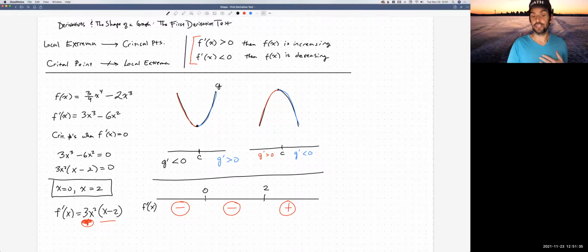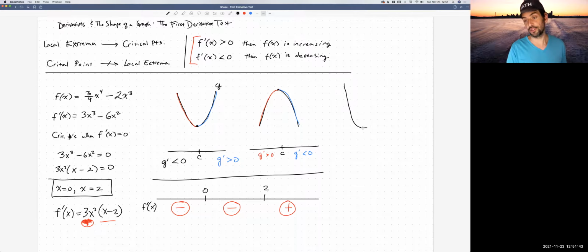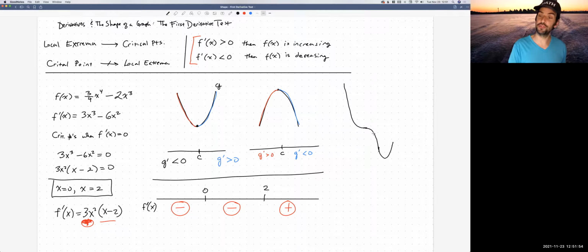When we went through the critical value 0, we started out decreasing, we continued to decrease, right? We were going down, we hit a 0 of our derivative, but then we continued to decrease. We had no minimum or maximum. But when we went from negative to positive at the next critical number, it means we went from decreasing to increasing.